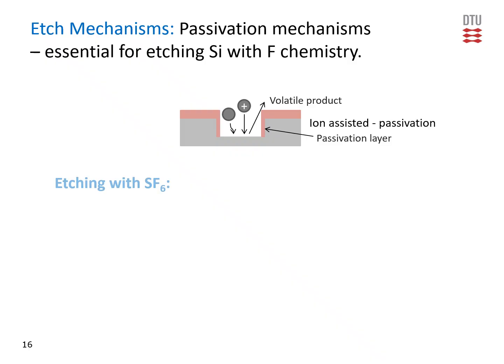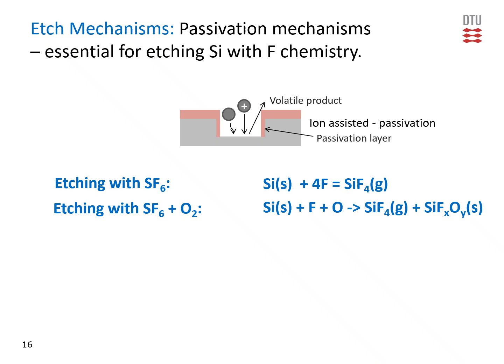There are different ways of making this passivation layer. Often we etch silicon with SF6, and this will create silicon tetrafluoride. If we add oxygen to the SF6, then we will also create some silicon oxyfluoride, which is a solid.